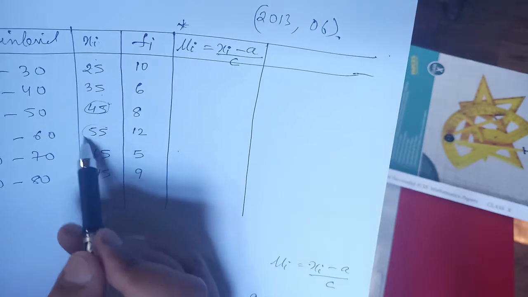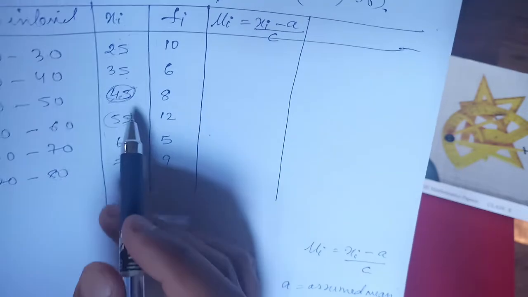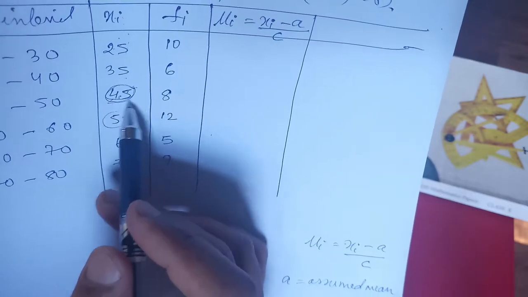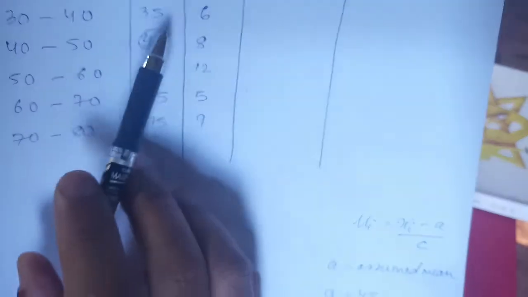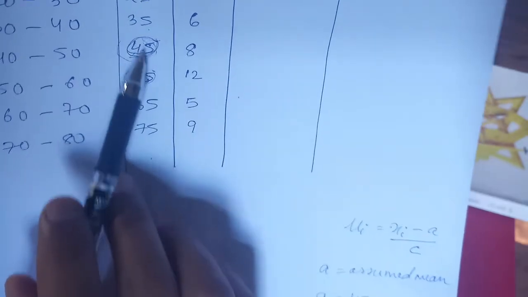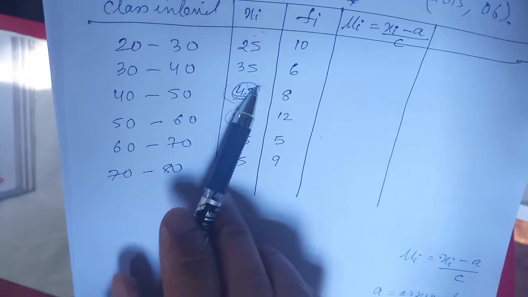You can also take it as 55. So let us take 45. The value of a, you have to pick from this any one. Since these are not in the center, we can take either 45 or 55. But we have taken 45 here. So a is 45 here.